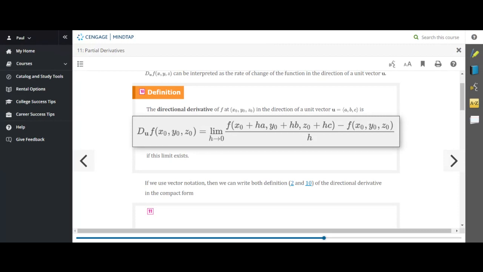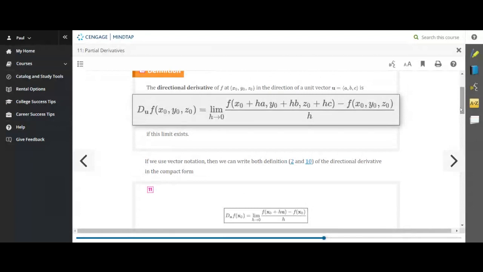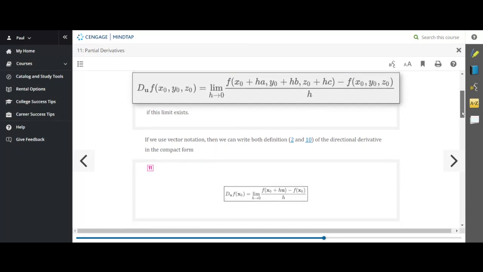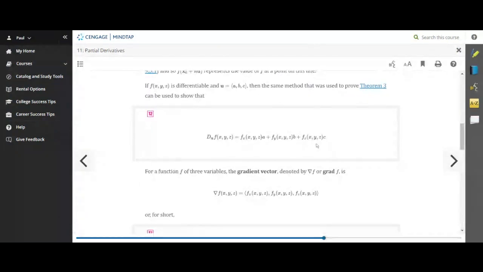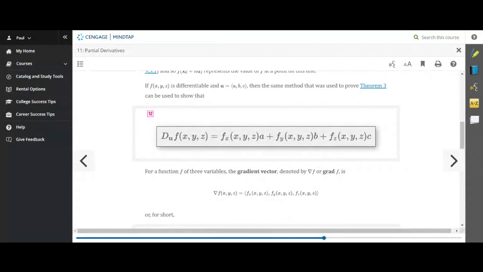Again, we could find directional derivatives using this definition, but mathematicians know that can be difficult. It was hard enough in Calculus 1 to use the definition of the derivative, and it's going to be harder here. But fortunately, the directional derivative has counterpart formulas for functions of three variables. Here, the directional derivative of a function of three variables is just a linear combination of the three partial derivatives with respect to x, y, and z.